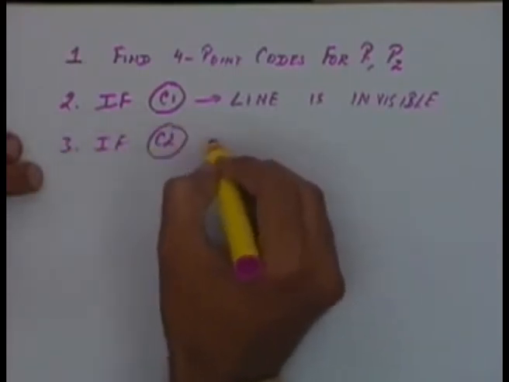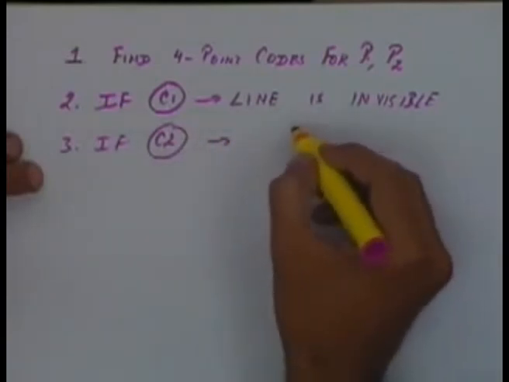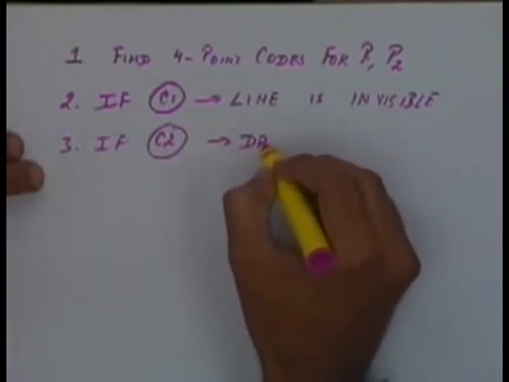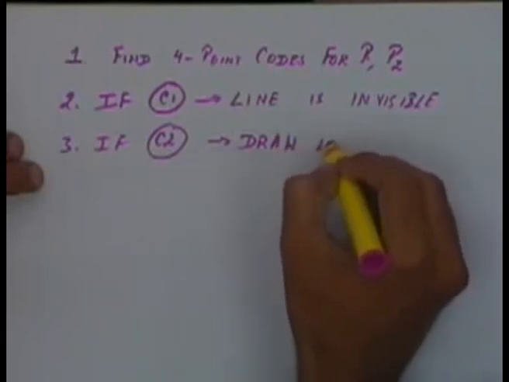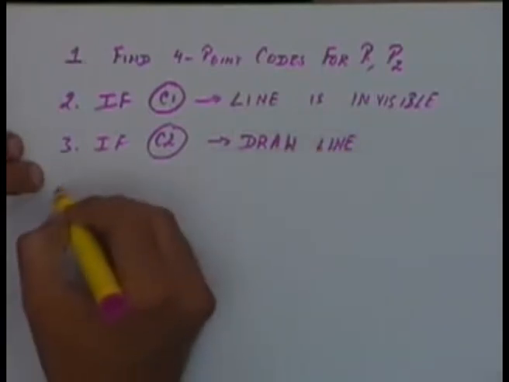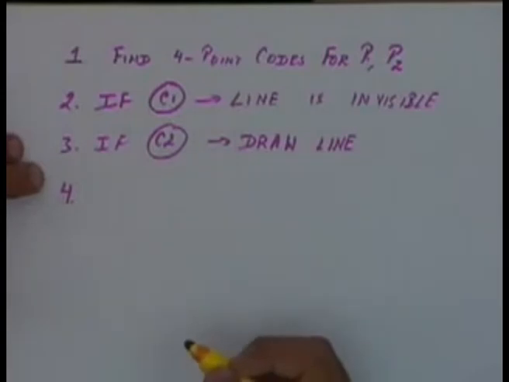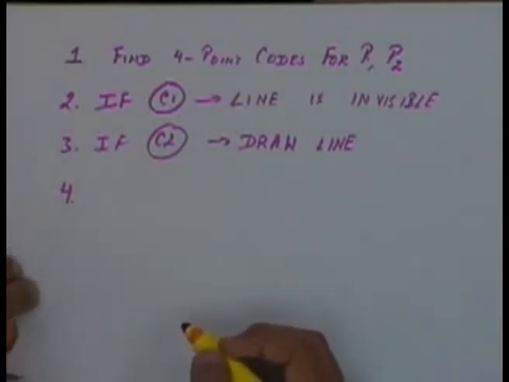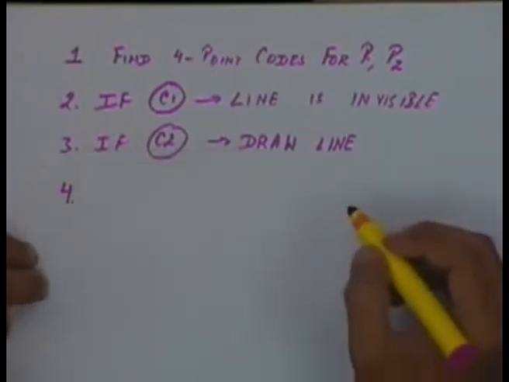If condition 2 is satisfied, then line is visible, draw it. Okay. Otherwise, what will we do?